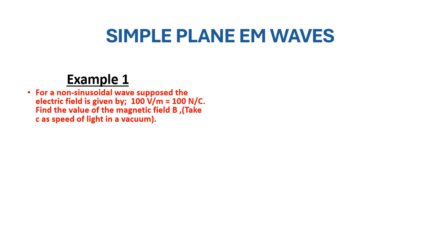The first example says, for a non-sinusoidal wave, suppose the electric field is given by 100 volts per meter or 100 newtons per coulomb. I repeated the same value for both units so that one would not be confused.